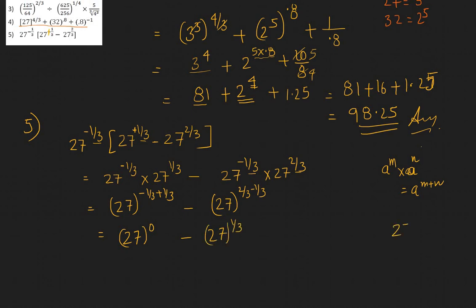And we know that 27 is 3 cube, and any a power 0 is 1, minus 3 cube power 1 by 3. That's 1 minus 3 power 3 into 1 by 3. This gets cancelled and you have minus 2 as your answer.